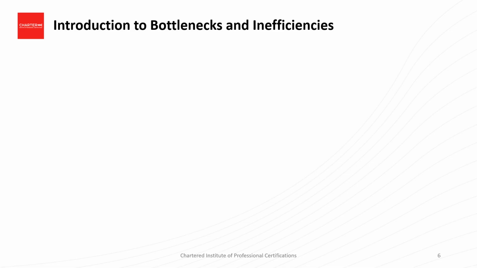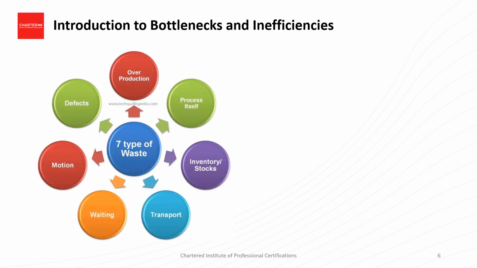On the other hand, inefficiencies in the supply chain refer to waste or non-value added processes that do not contribute to the final product or service. These inefficiencies can arise from redundant activities, unnecessary handoffs, excessive inventory, poor communication, or ineffective resource allocation.